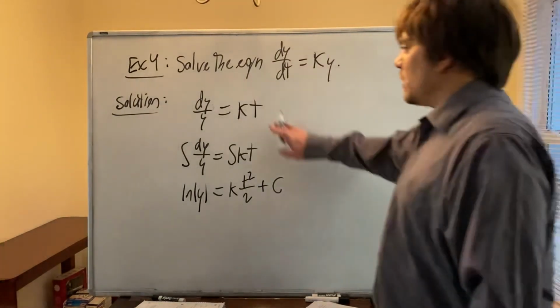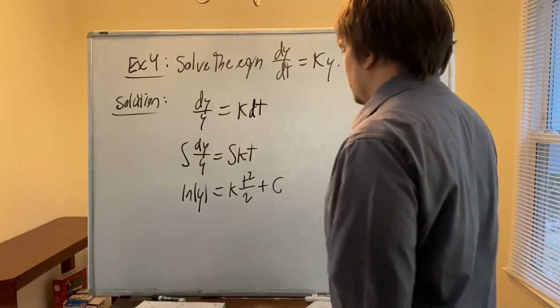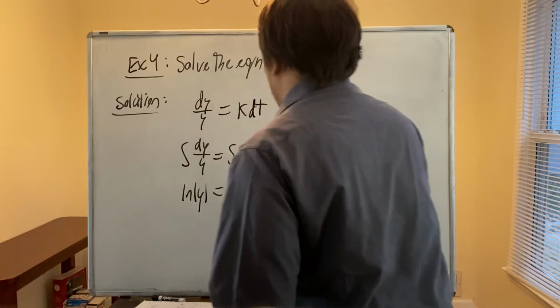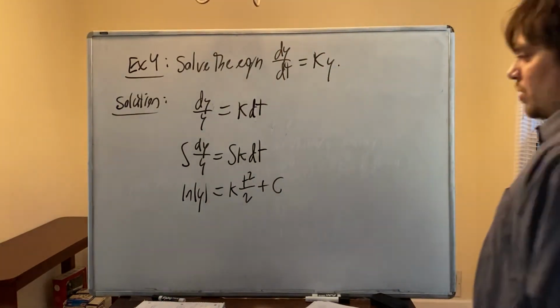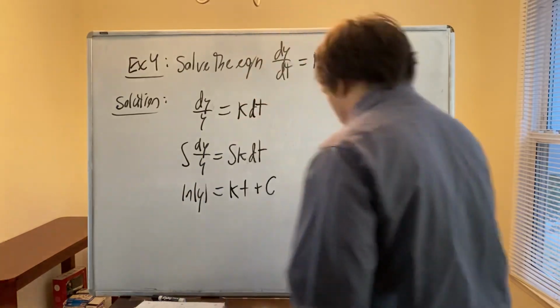Oh, sorry, wait. It's just k dt there. Integral of k dt, and so that's kt plus c.